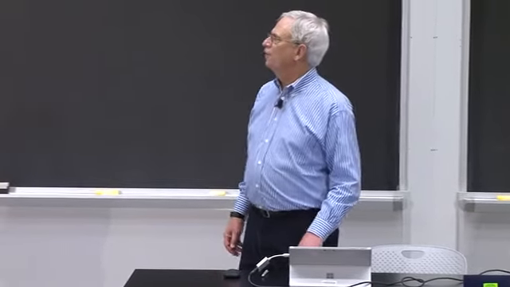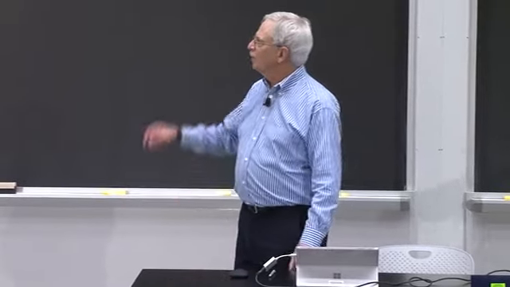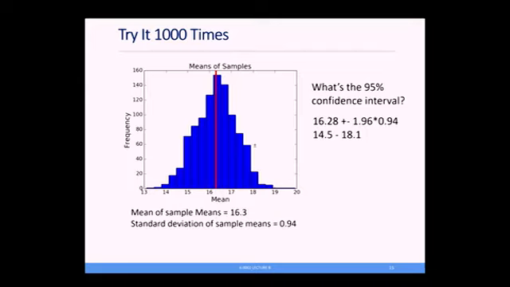All right, what's the 95% confidence interval here? Well, it's going to be 16.28 plus or minus 1.96 times 0.94, the standard deviation of the sample means. And so it tells us that the confidence interval is the mean high temperature is somewhere between 14.5 and 18.1.